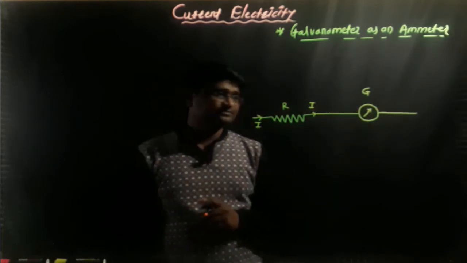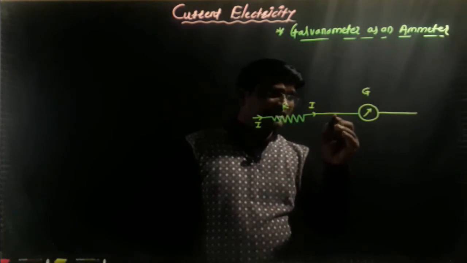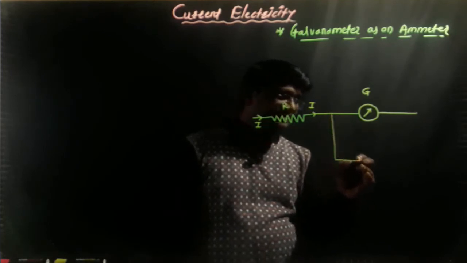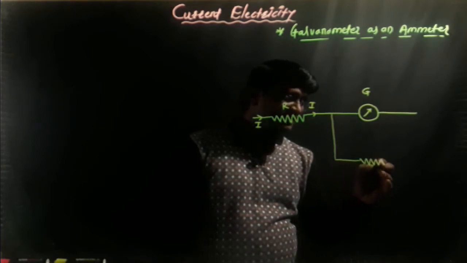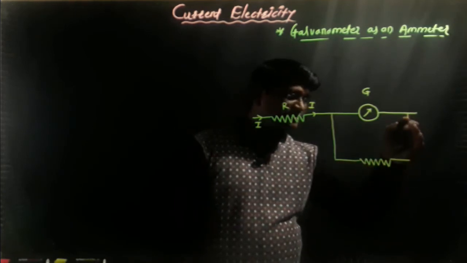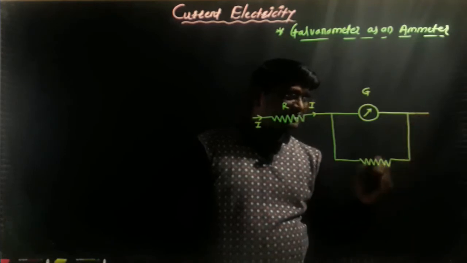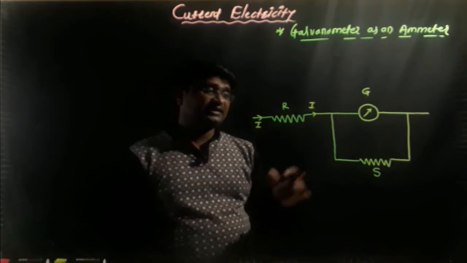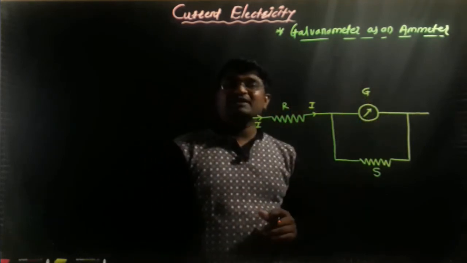So that's why now we connect another low resistance in parallel. Okay, another low resistance, that is the shunt resistance. This shunt resistance is connected in parallel with the moving coil galvanometer.